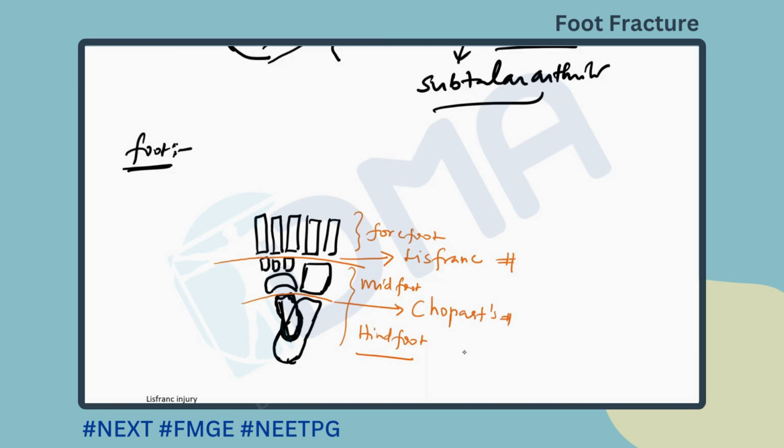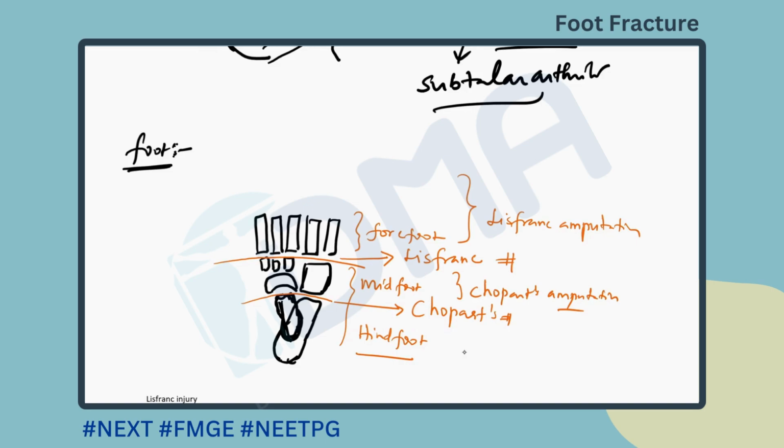If I remove the bones anterior to the tarso-metatarsal junction, then it is called a Lisfranc amputation. If I remove the bones anterior to the talus and calcaneum, then it is called Chopart's amputation. Clear? See, these fractures are important, so please keep this in mind.